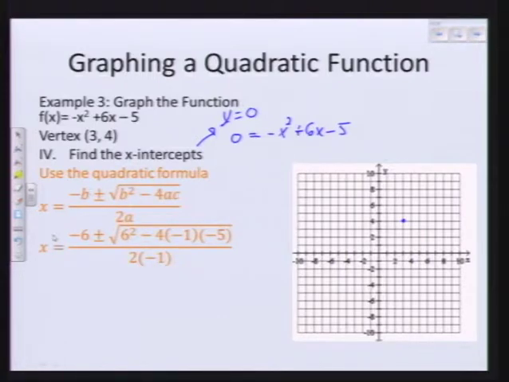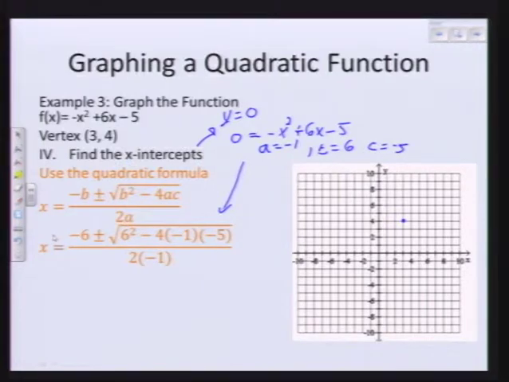Okay, so that's important to recognize, that we're setting y equal to 0 here. And so now we can use our quadratic formula effectively. It's important to understand as we go along that y is equal to 0 here, finding the x-intercepts. So now we're going to plug in. As we look at this scenario, our a is equal to -1, our b is equal to 6, and c is equal to -5.